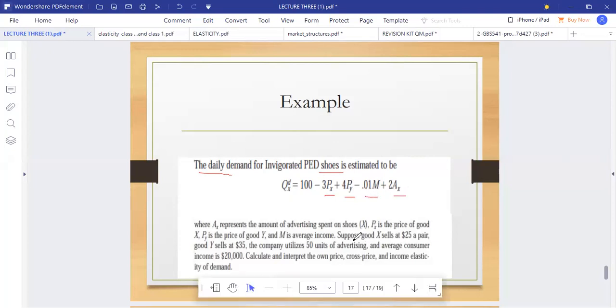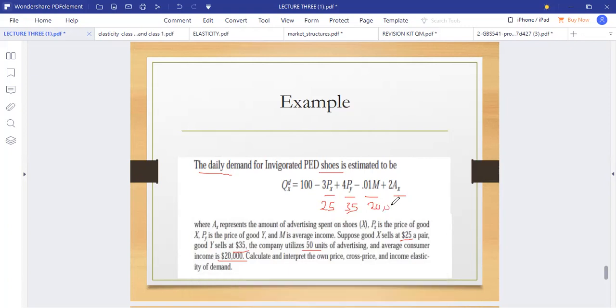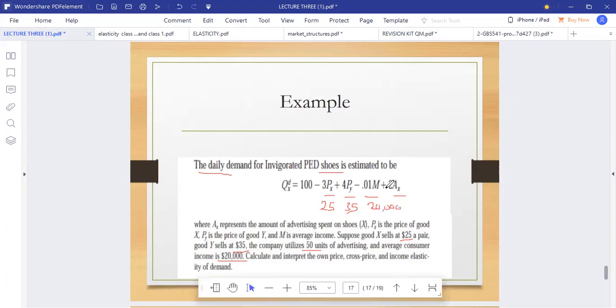We're told that the price of good X is 25, price of good Y is 35, advertising is 50 units, and the income is 20,000. So firstly, we need to find the current demand. Where there's Px, we put 25. Where there's Py, we put 35. Where there's income, we put 20,000. Where there's advertising, we put 50 units.